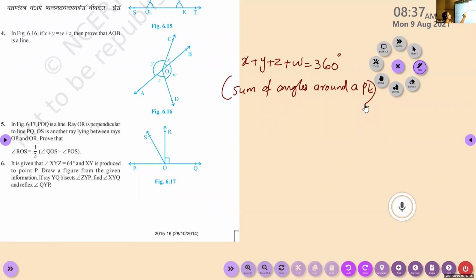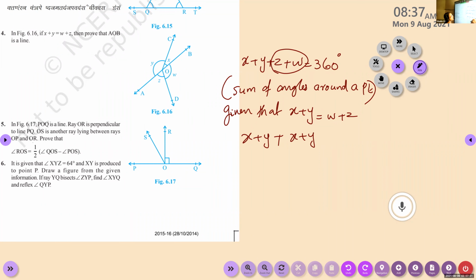And given that x plus y equal to w plus z. So we have to prove AOB is a line. Instead of w plus z, I am writing again x plus y. So x plus y plus x plus y equal to 360.